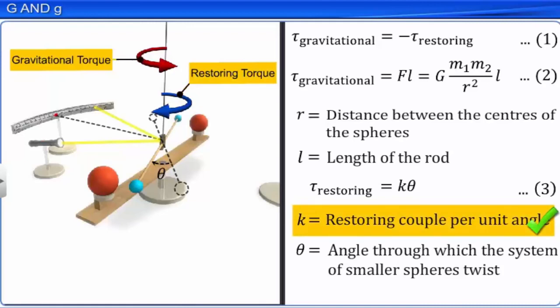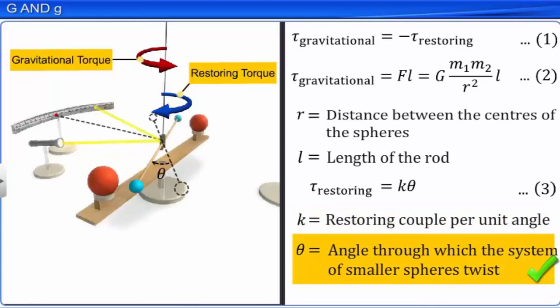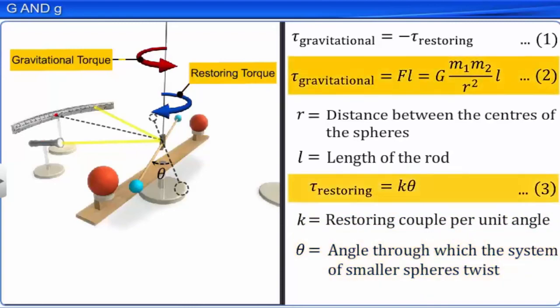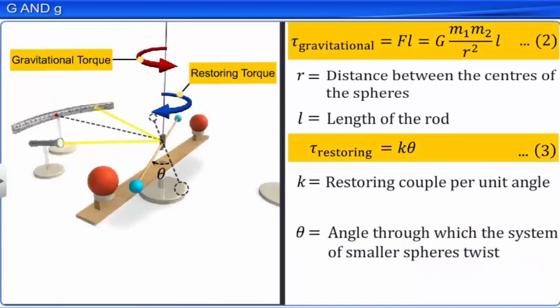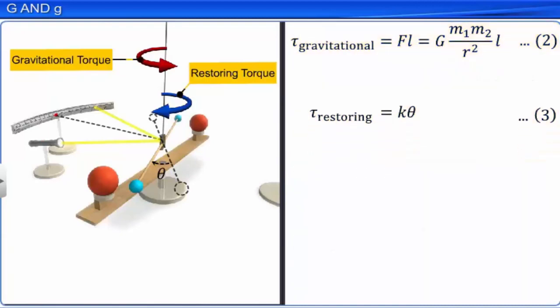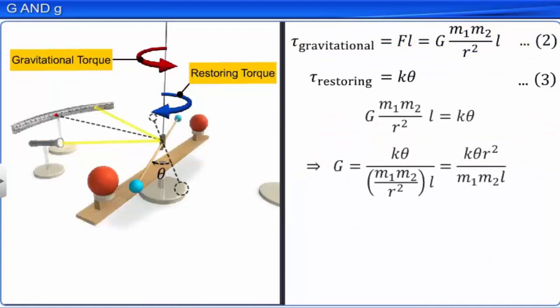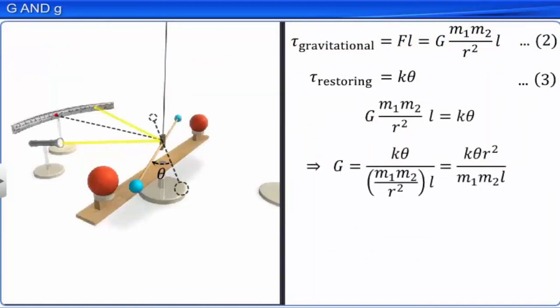We equate equations 2 and 3 and hence deduce the expression for G. The value of theta can be obtained precisely by using the lamp, mirror, and scale arrangement as shown here.